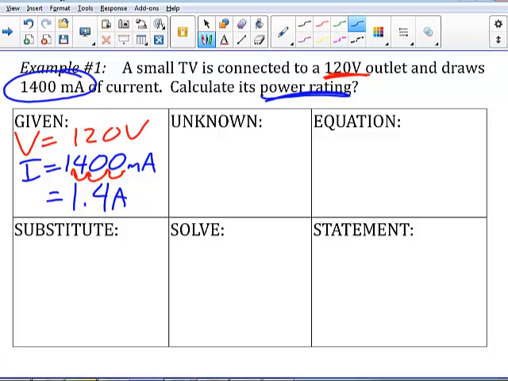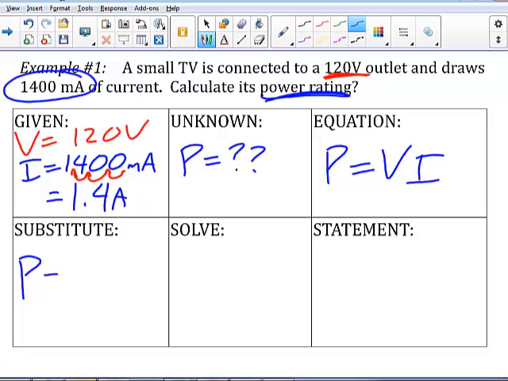What do we want to know in this question? Well, we're looking for the power rating. We've only dealt with one equation that has voltage, current, and power. So we're going to use P equals VI. So let's plug in our numbers. P is equal to 120 times 1.4.